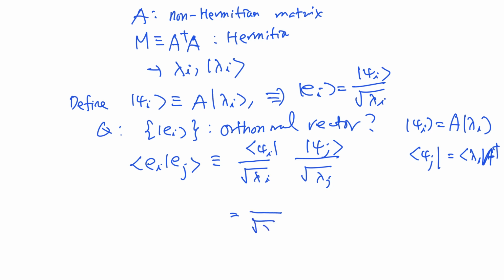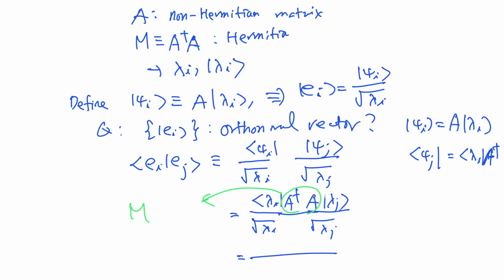So this is 1 over square root of lambda i lambda j, times psi i A dagger A psi j. And what is A dagger A? It is M, right? And psi j is an eigenvector. So it becomes lambda j over square root of lambda i lambda j, times psi i psi j.